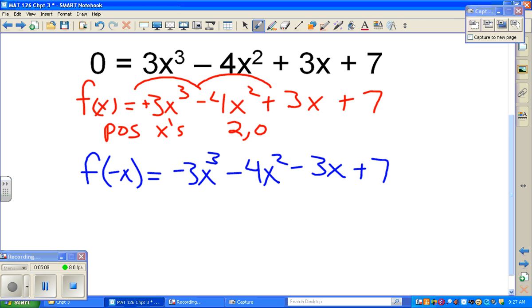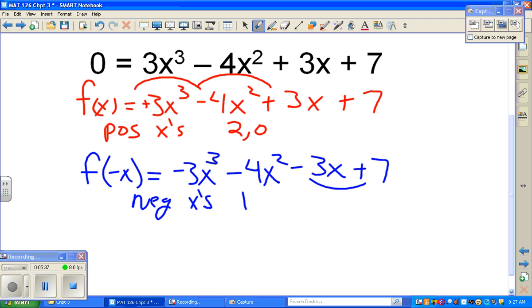I could have 2 x's that make it equal 0, or no x's that make it equal 0. So far, so good? Let's count the negatives now. How many sign changes are there? 1. Negative x's that make it equal 0, there's only 1. I can't put a 0 there because it's an odd number. In this case, 0 is considered to be even. That's the only possibility.